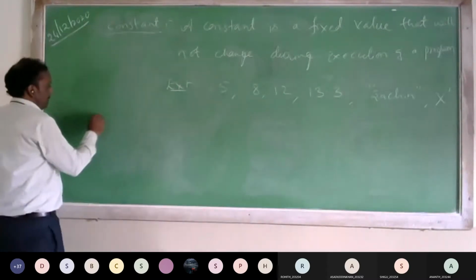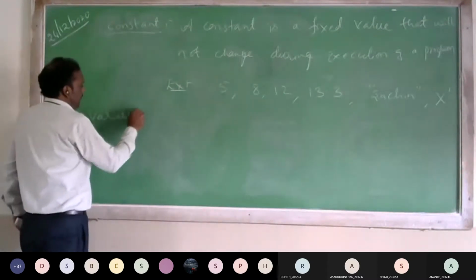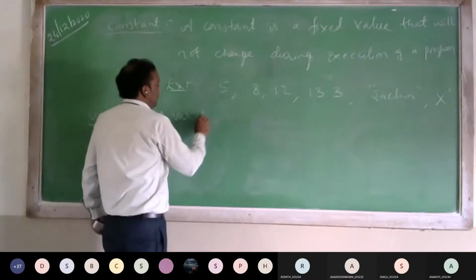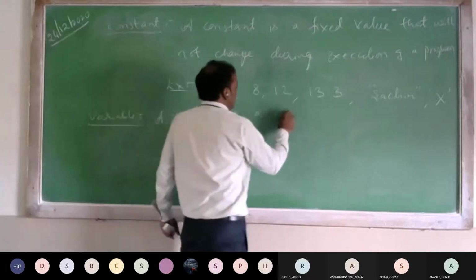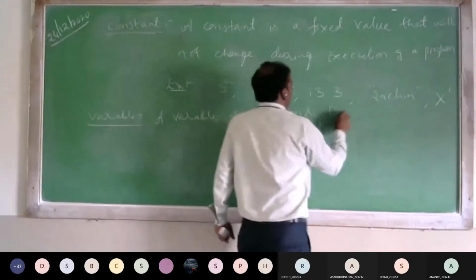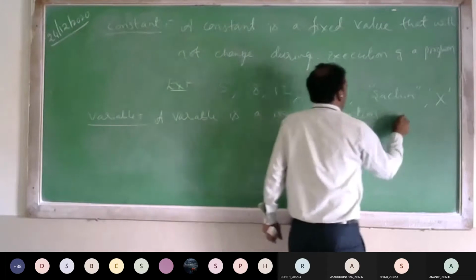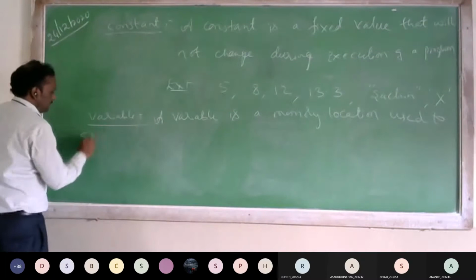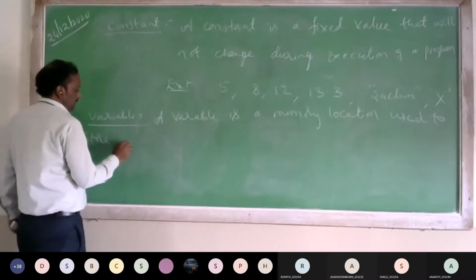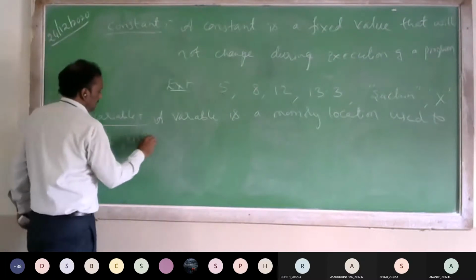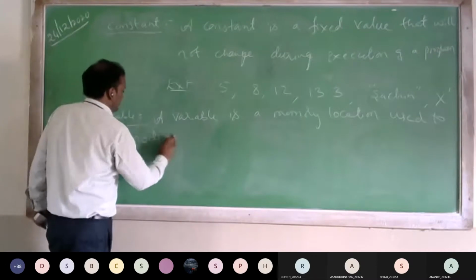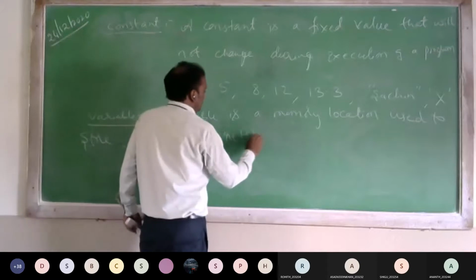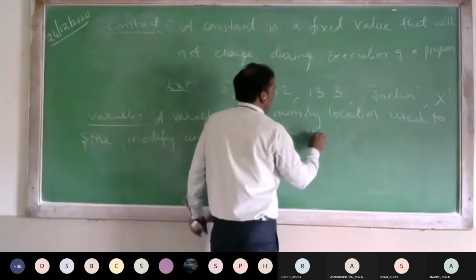Next, variable. A variable is a memory location used to store, modify and retrieve the value.